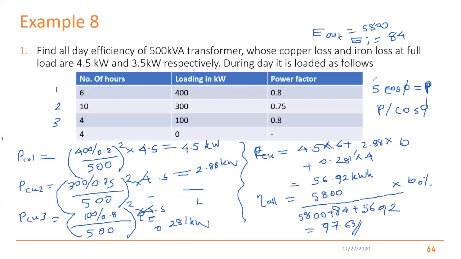Okay, it is very straightforward. The only difference here is that we are not taking the power, but the total energy, the output energy and the input energy, and then getting the ratio. So that gives the whole day efficiency of the transformer. You are not going to calculate the power.